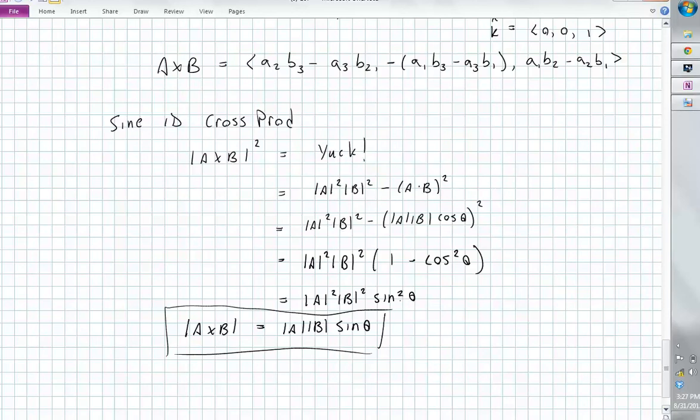They're complementary in another way that you just have to drill into your head: the dot product produces a scalar quantity and the cross product produces a vector quantity. Don't forget that. When I say that the cross product is 0, what I mean is the cross product is the vector 0, 0, 0, or the magnitude of the cross product is 0.